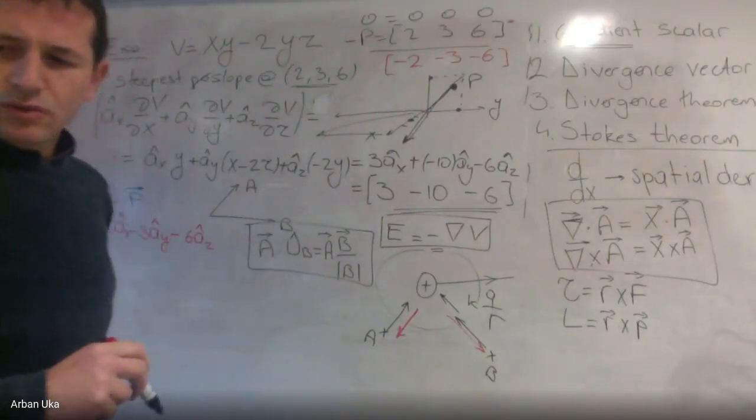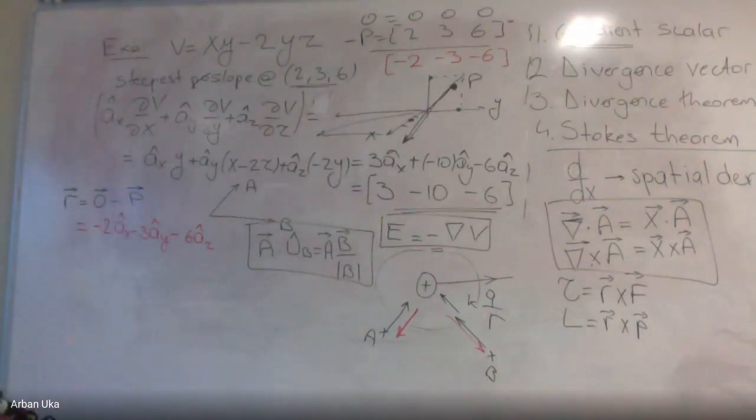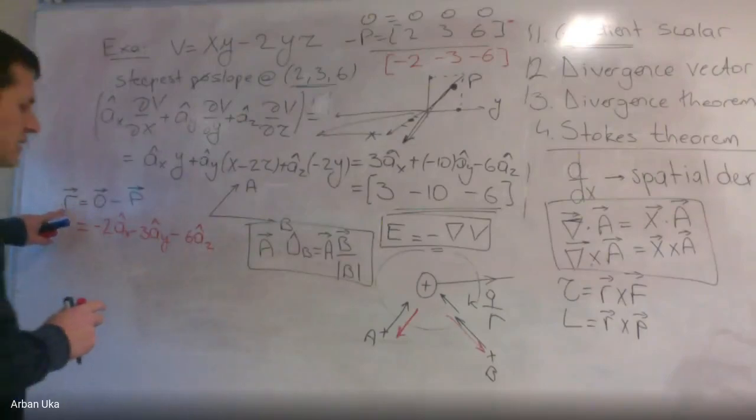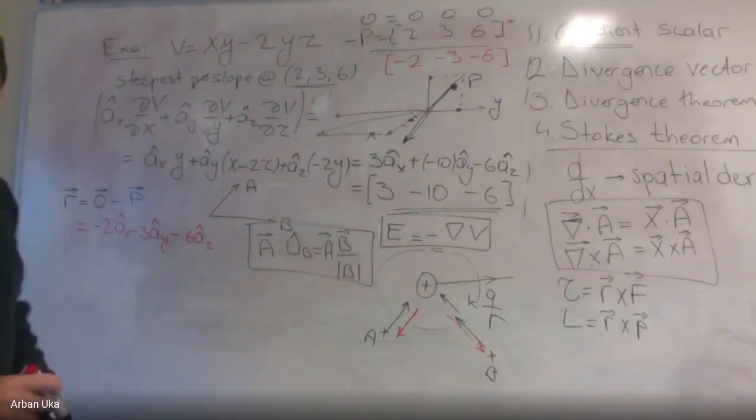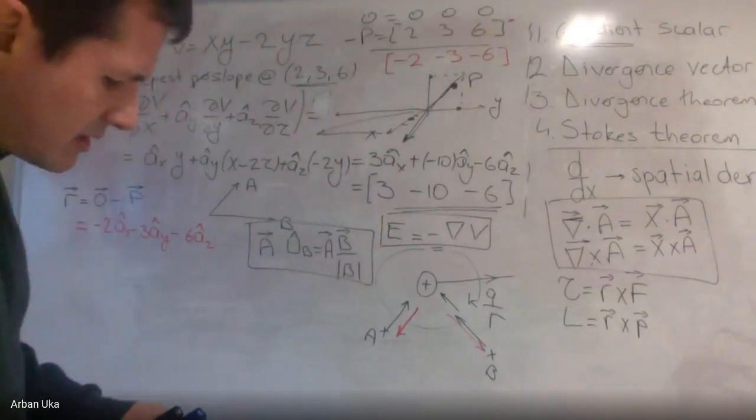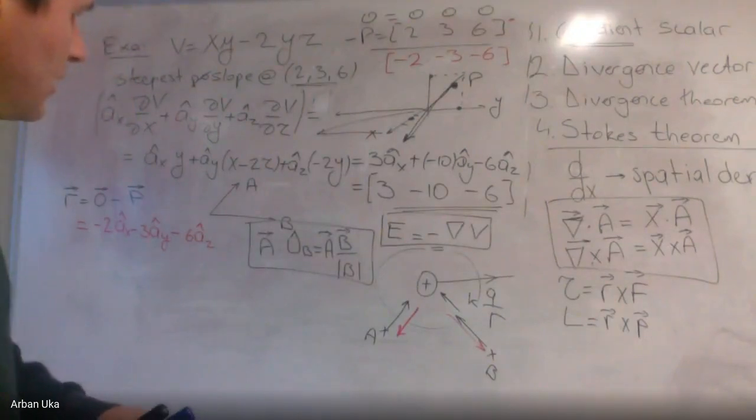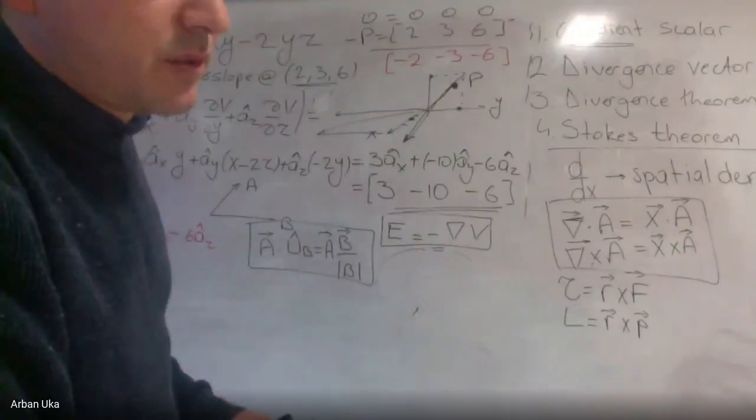And now, so this is the R, but what do we need now? Can I get an answer from you? If this is the R, what is the next thing that we need to find? The unit vector. That's correct.